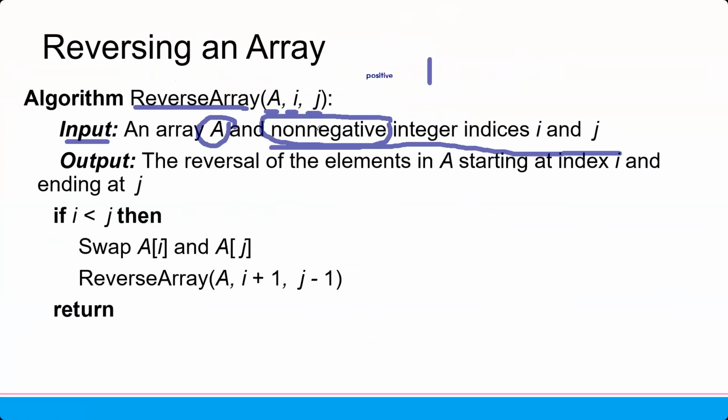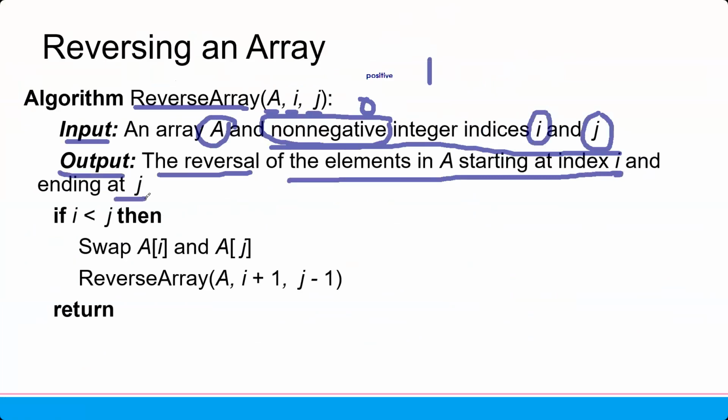If we say non-negative, we can start from 0. So the non-negative integer indices I and j. The output is the reversal, which means the reverse of the elements of A starting at index I and ending at index j.